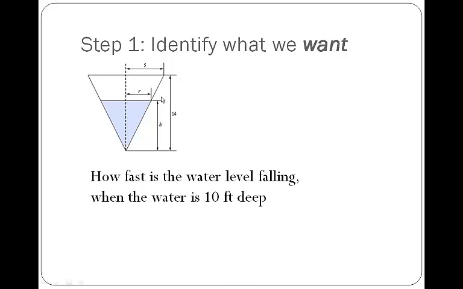So that would be at the moment that this height of this cone is 10, which is also how deep the water is. So basically what we want to find is dh/dt.